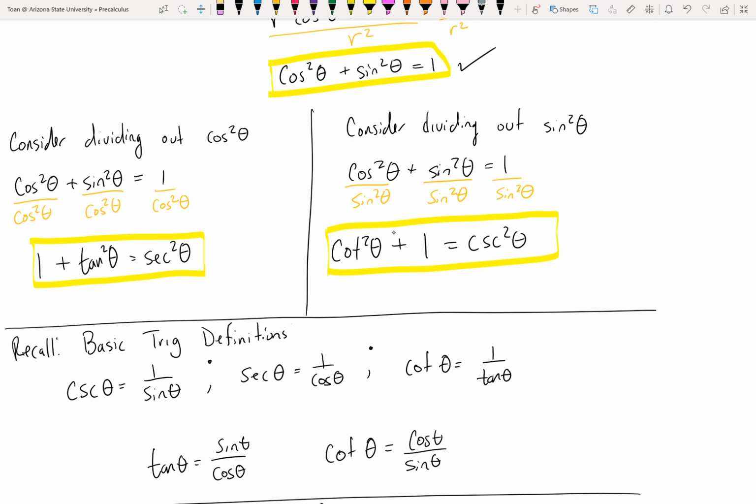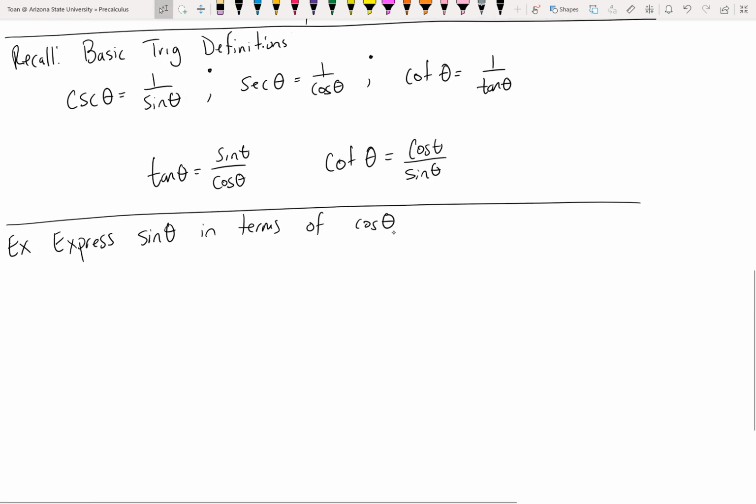The more extra stuff you include, the more complicated the problem is. So in this case, I am going to use the Pythagorean identity. We need a relationship that connects only sine and cosine together.